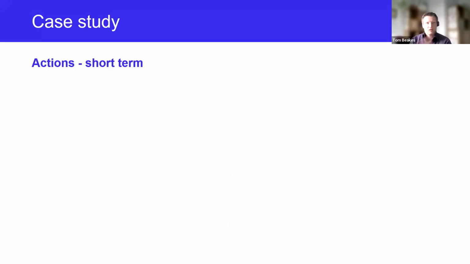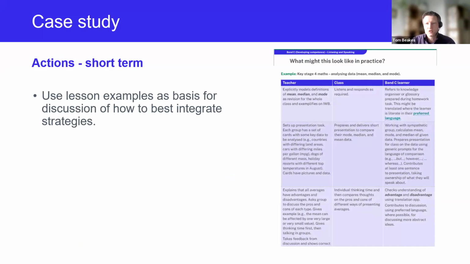All right, so in the shorter term, then, our EAL coordinator holds some subject-specific discussions with the EAL champions, as well as some of the early career teacher mentors, based around the exemplars from the support strategies. So just basically as a hook on which to have a discussion about what kind of strategies would work in your lessons for your students in your subject.